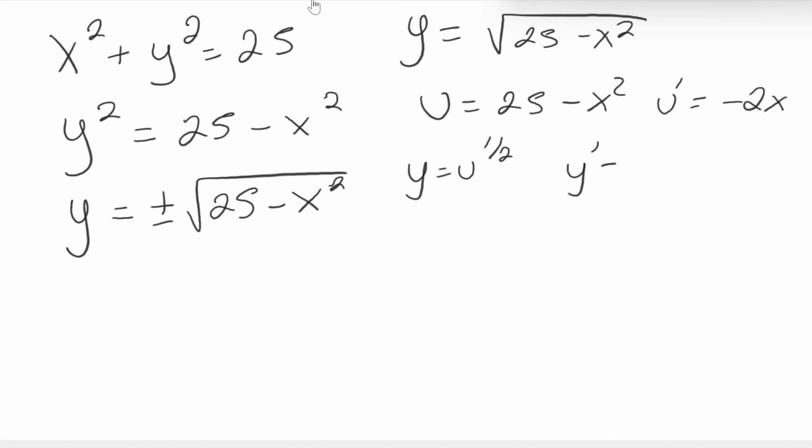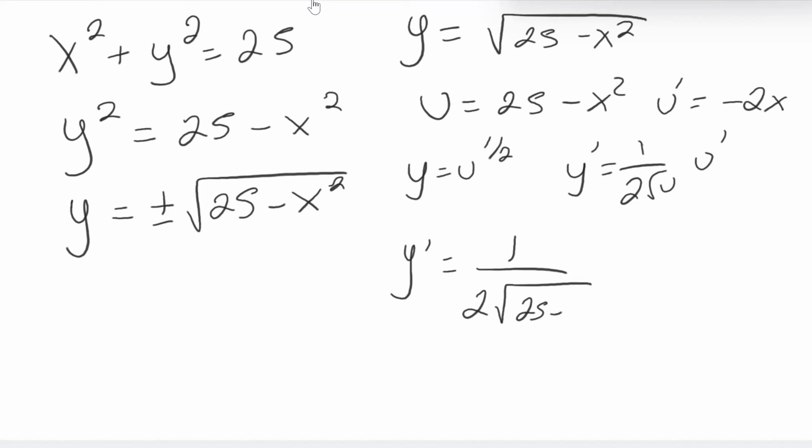So y prime is 1 over 2 square root of u, right? That's the whole one that we always seem to be doing. And then u prime. So y prime is 1 over 2 square root of 25 minus x squared times negative 2x, so I'll just put that on top. So I've got negative x over the square root of 25 minus x squared.